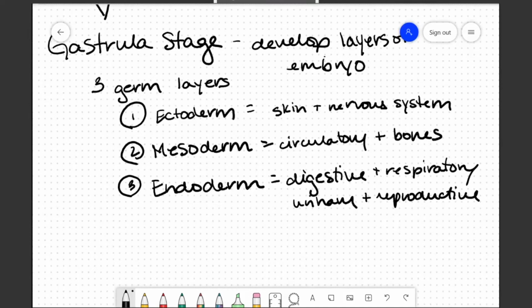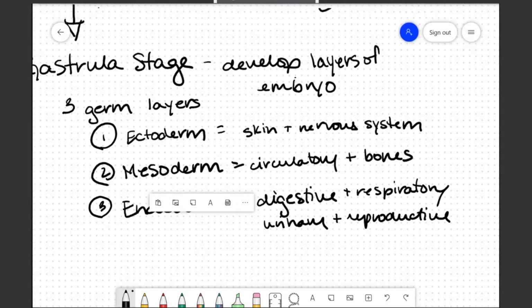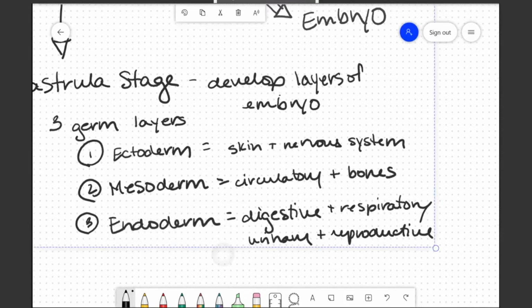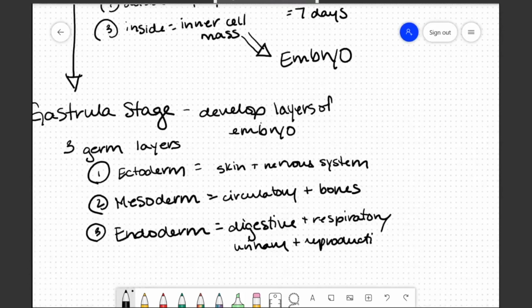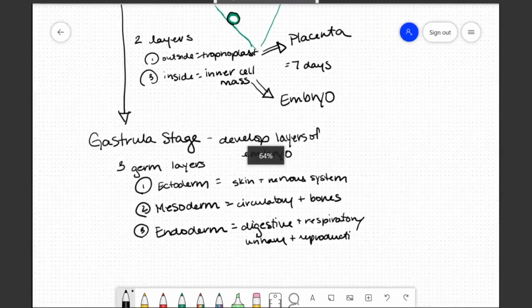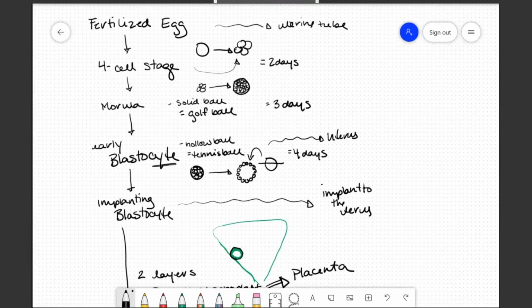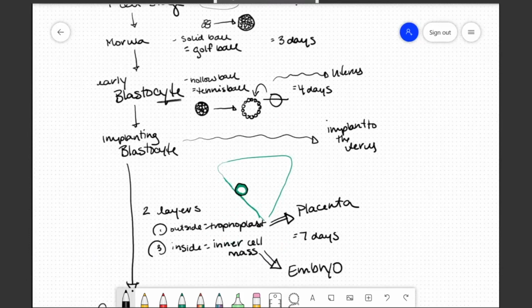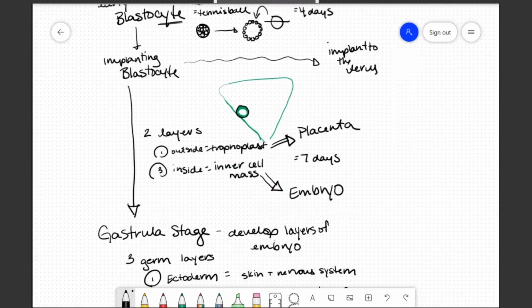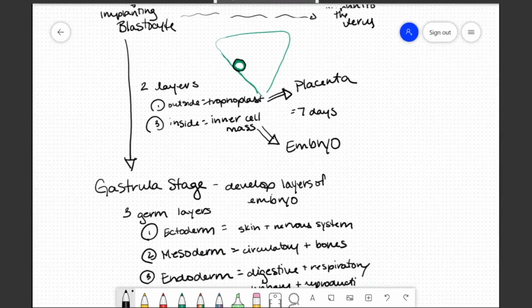This gastrula stage will actually occur probably earlier than you think. So whereas your 4-cell stage was at 2 days, your morula was at 3 days, your early blastocyte was at 4 days, and then by 7 days you were starting to do the implantation of your blastocyte.